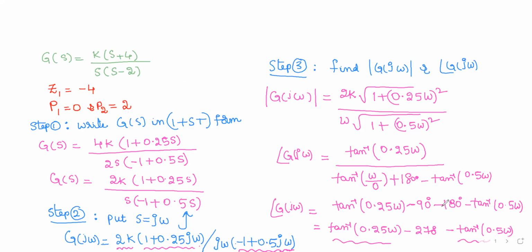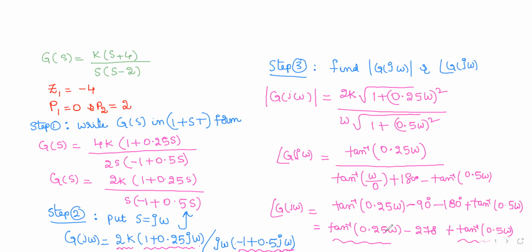This equation is minus 180 degrees. This is minus tan inverse. Take it to the numerator. So this is plus tan inverse 0.5 omega. This is also plus tan inverse 0.5 omega. Now substitute omega equal to infinite here. So this value is tan inverse infinite and this value is tan inverse infinite.